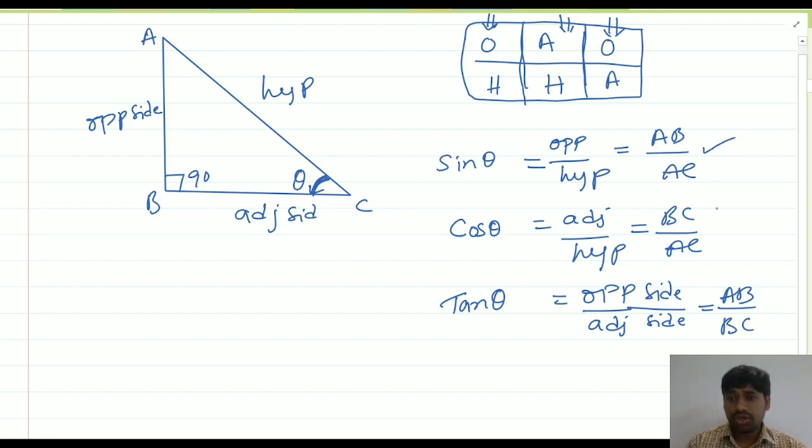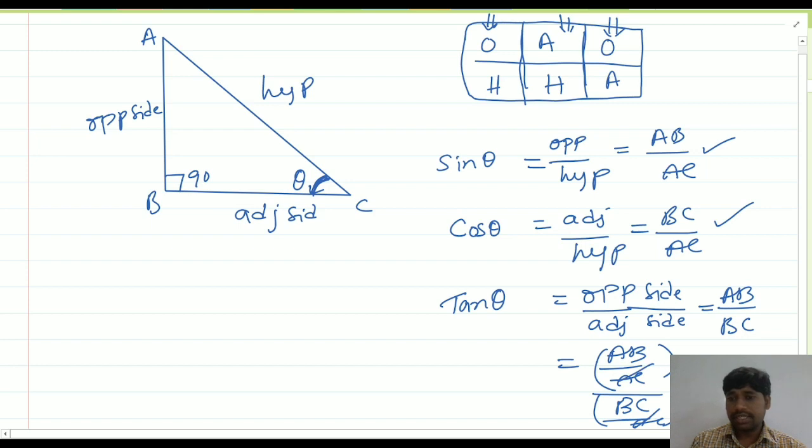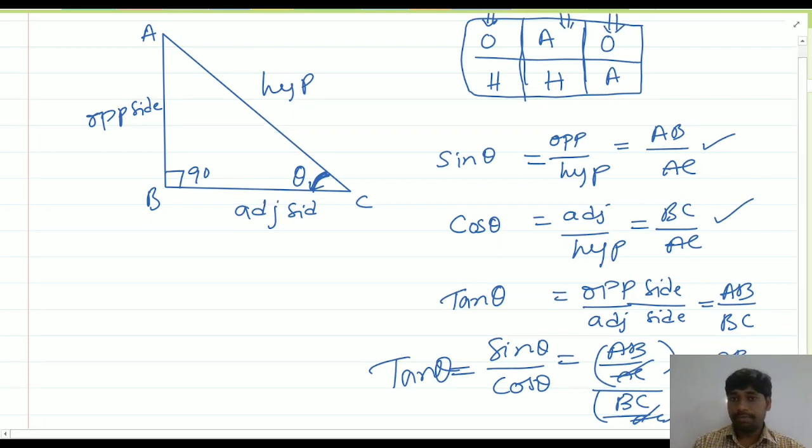See, if you make a ratio of these two, AC will get cancelled, then AB by BC only will be left. It can also be written as AB by AC divided by BC by AC. So AC gets cancelled, that is AB by AC, which means sin theta by cos theta, which is called tan theta. So in this way also we can say its name.